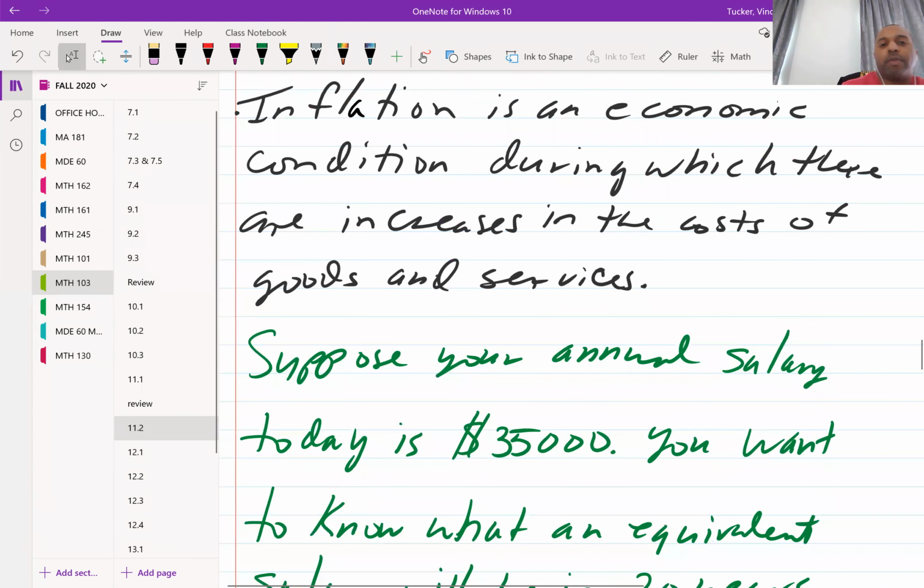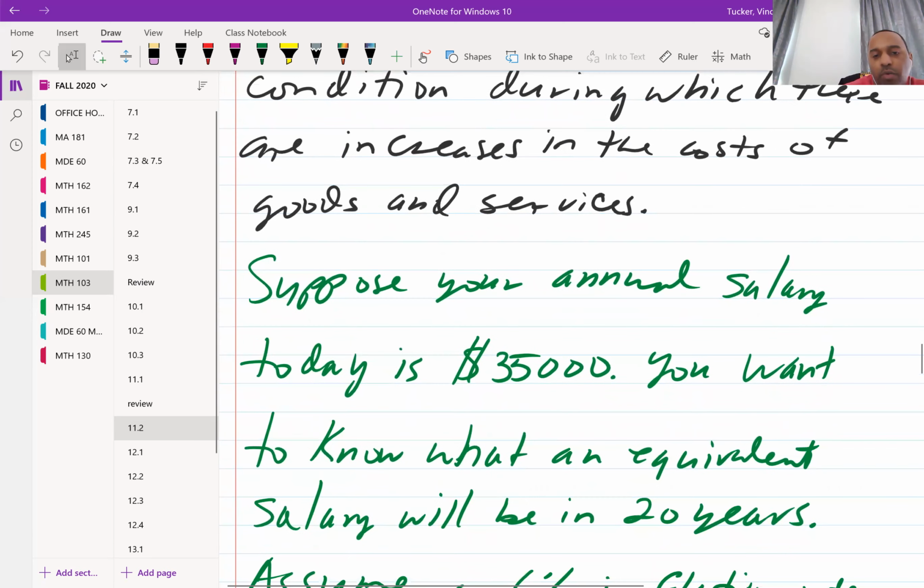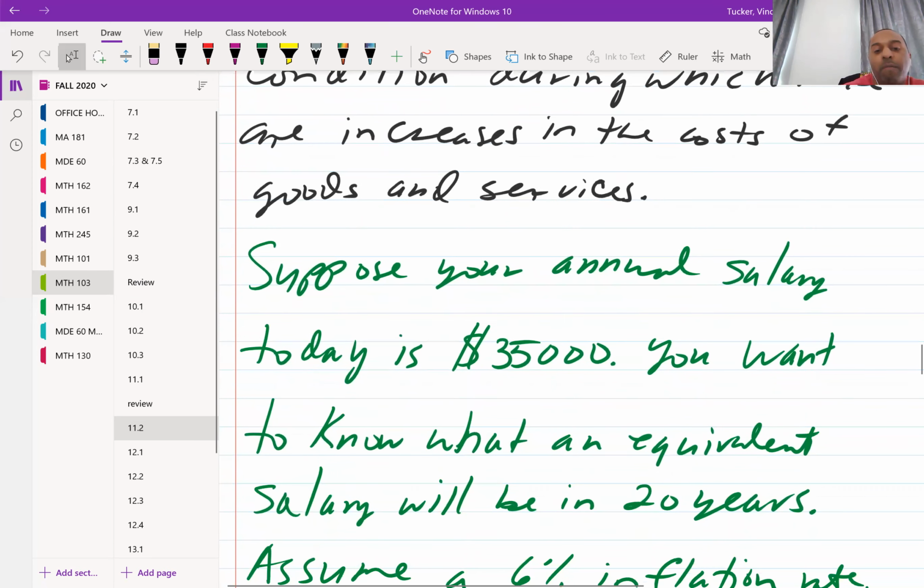So next one, inflation is an economic condition during which there are increases in the cost of goods and services. Suppose your annual salary today is $35,000. You want to know what an equivalent salary will be in 20 years.